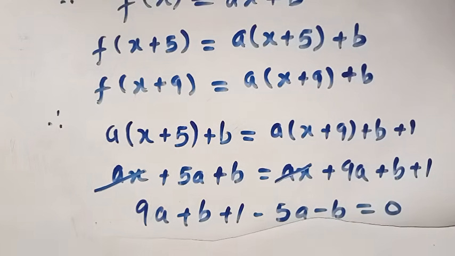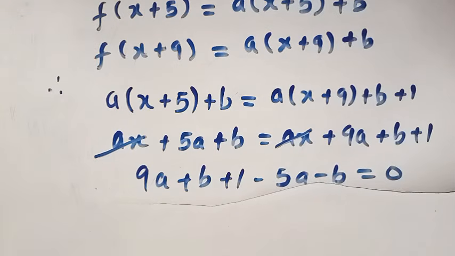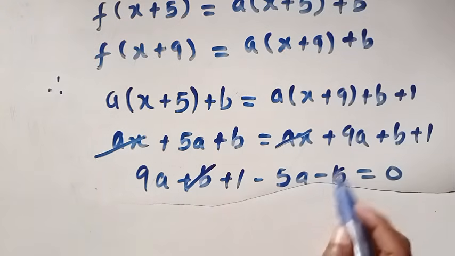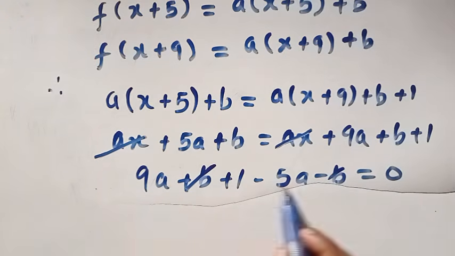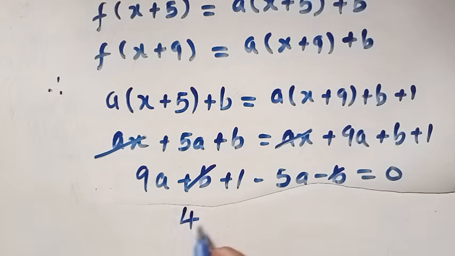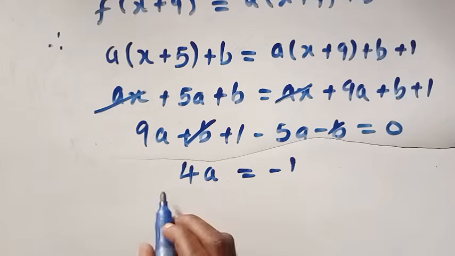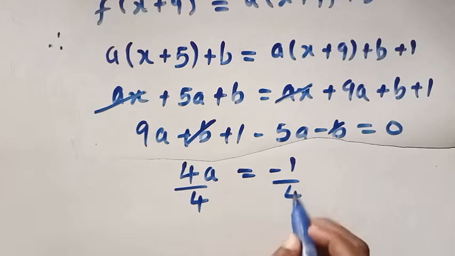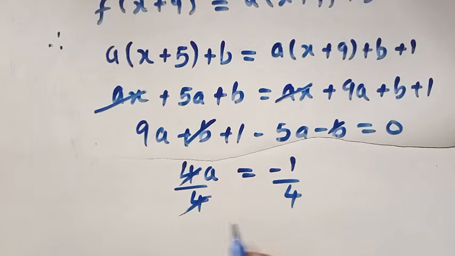Then plus b minus b cancelled, and 9a minus 5a gives us 4a. Then everything equals, taking 1 to the other side, minus 1. So dividing both sides by 4, 4 cancelled 4.